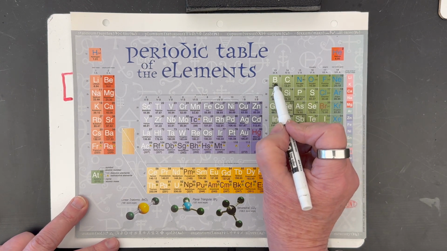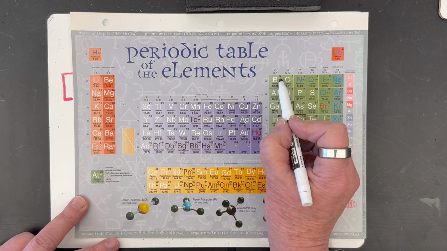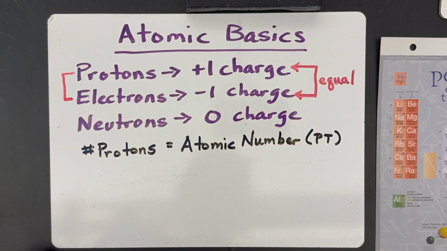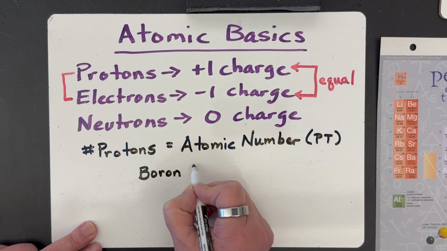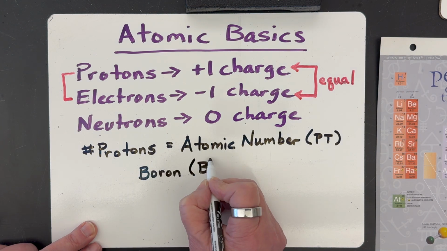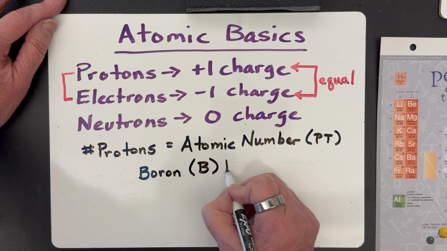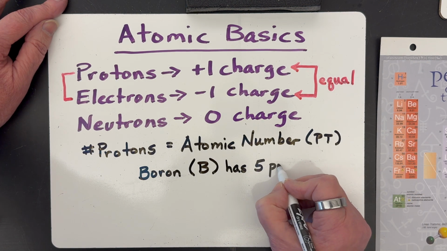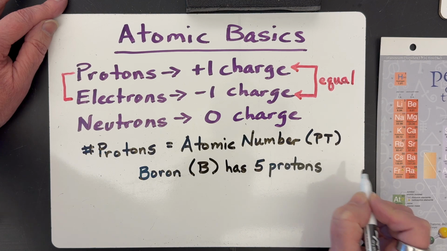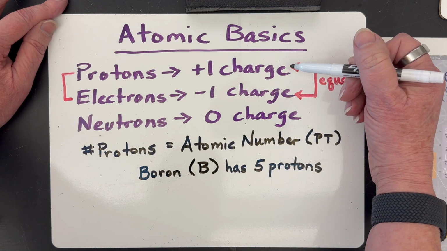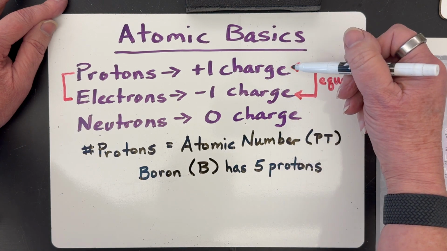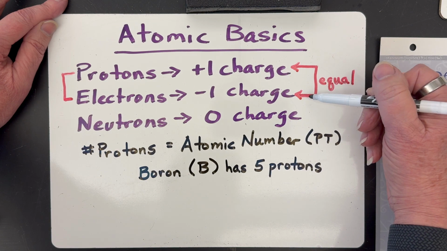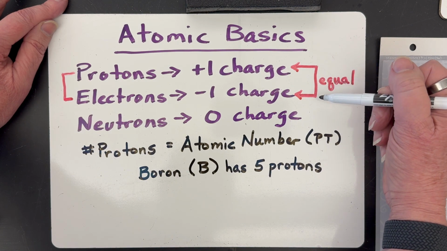So if we look at boron, its atomic number is 5. So let's use boron as our example, which has the symbol B. It has 5 as its atomic number, so it has 5 protons. And that means it has 5 +1 charges, which means it's going to need 5 -1 charges to balance out.